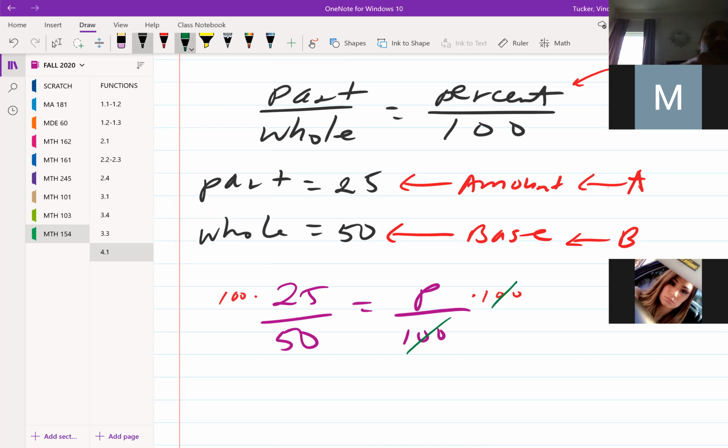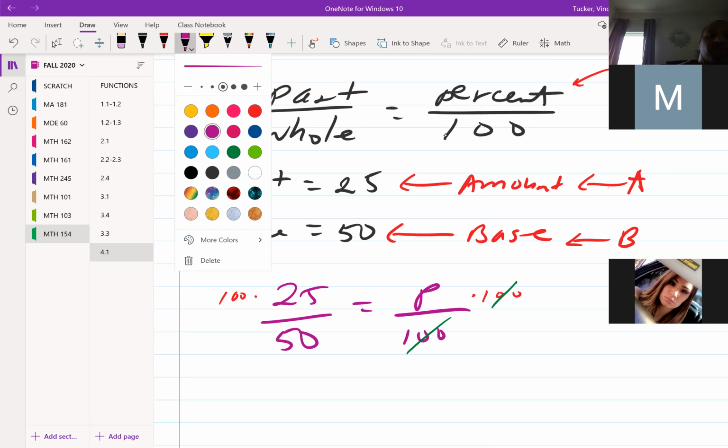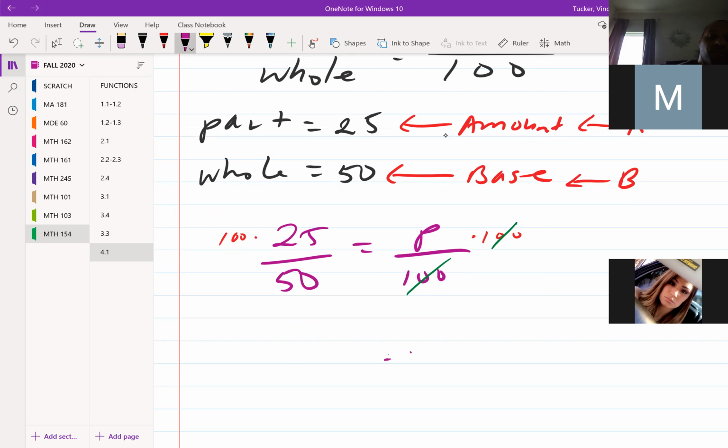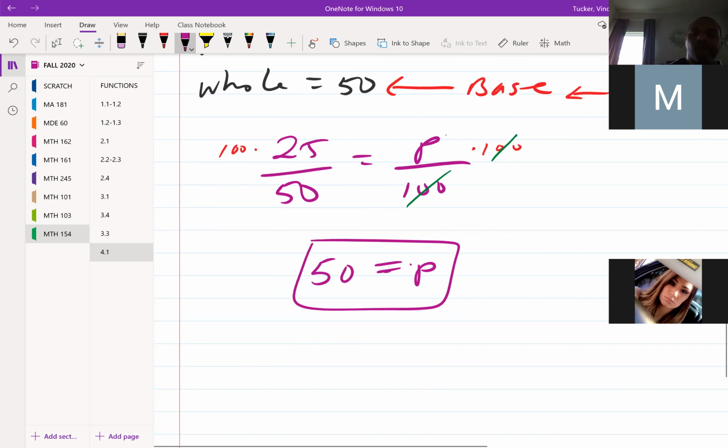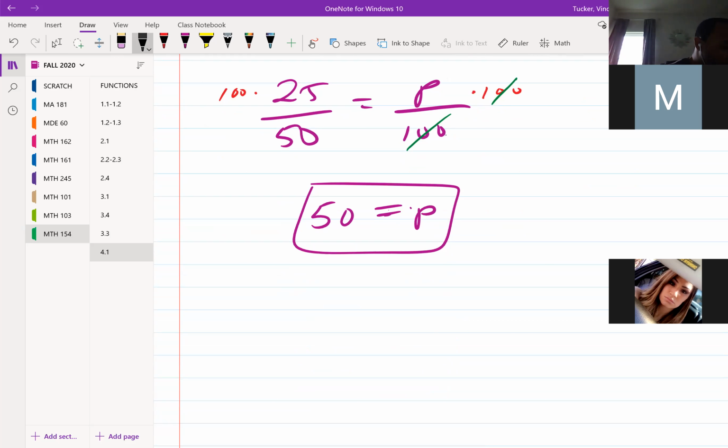This 100 will cancel, leaving you with just P on the right. And then we should have 50 on the left. So that'd be 50%. So let's look at this next one.